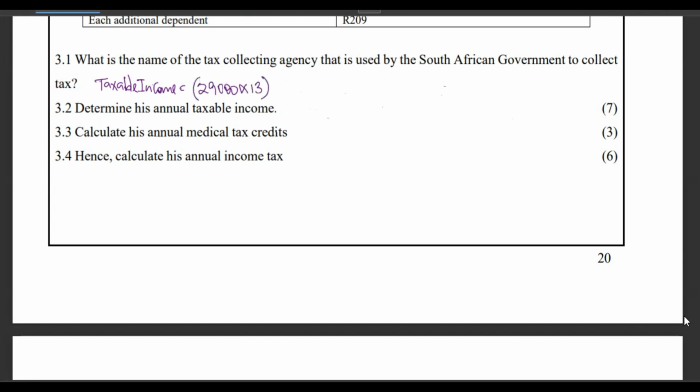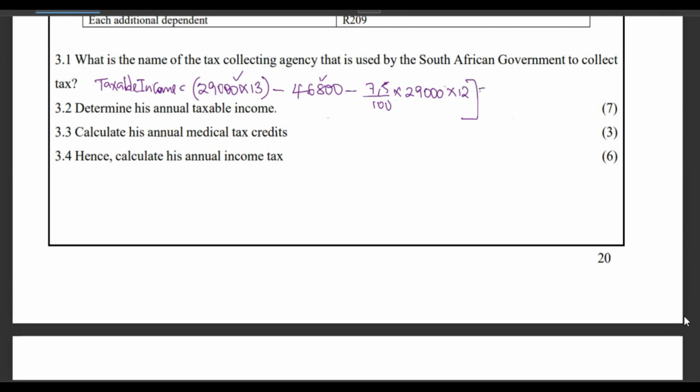Bonus, minus the donation, which is already annual, minus 7.5% times the 29,000 times 12. Here I'm looking for annual pension. This is already annual. This is also now annual.